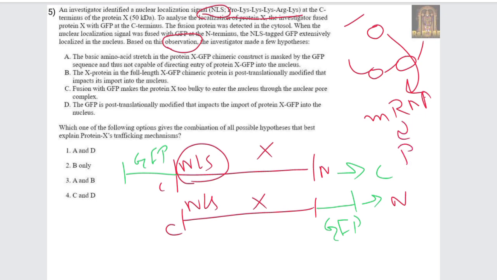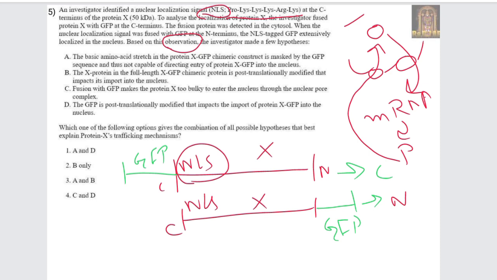Translation doesn't happen inside the nucleus, but the nucleus also needs some proteins for its function. So some specific proteins that the nucleus needs should go inside via the nuclear pore complex. So the importation should be there.